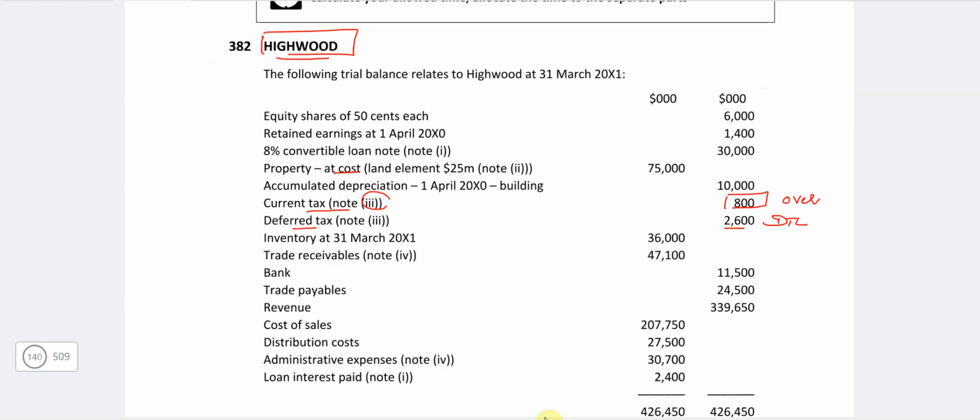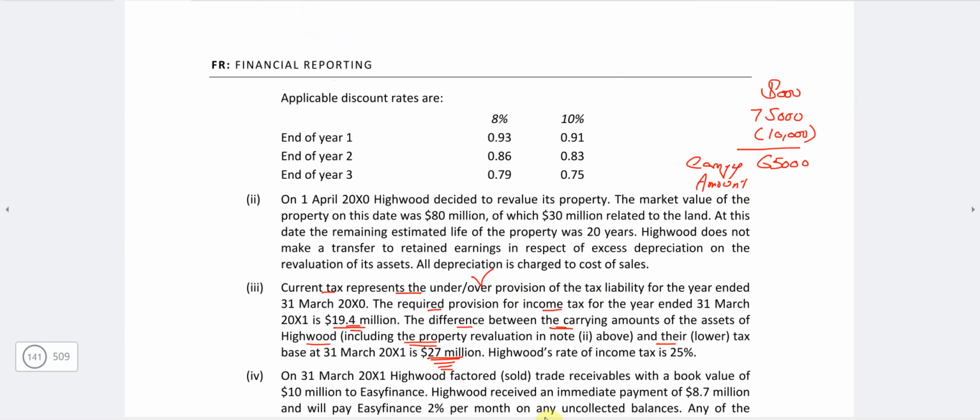And the start of the year is 1st April 20x0. It says that on 1st April 20x0, Highwood decided to revalue its property. That means at the start of the year. The market value on this date is 80 million, so the fair value is 80,000.